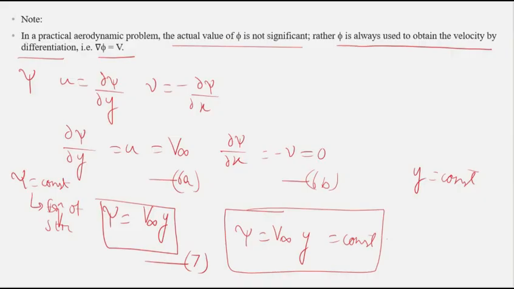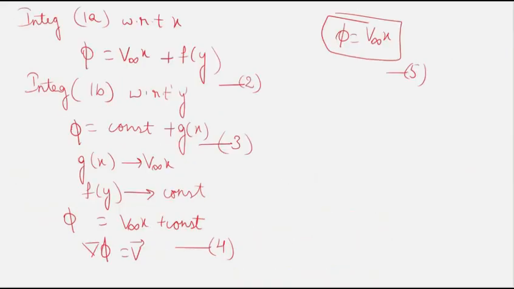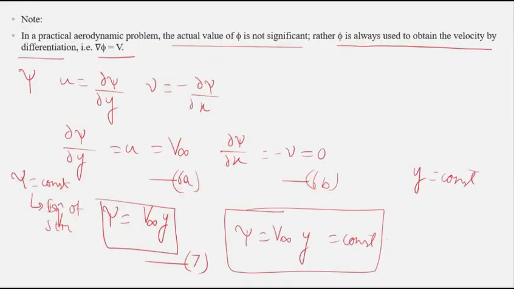Now if I want to express equation 5 and equation 7 in terms of polar coordinates, x can be written as r cos theta and y can be written as r sin theta. So what do we have?